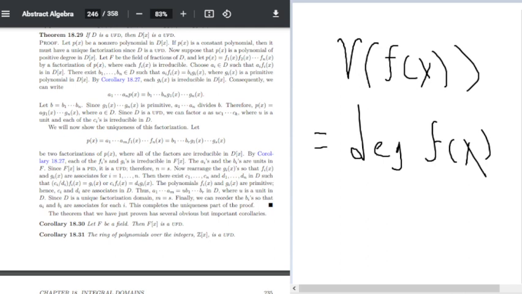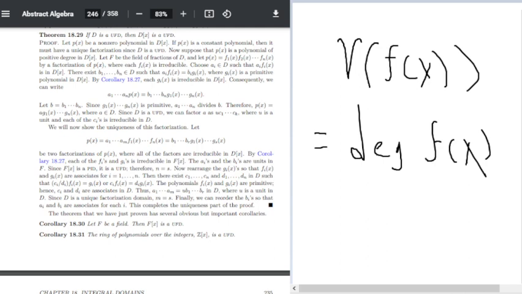Now, rearrange the gi(x)'s so that fi(x) and gi(x) are associates for i equals 1 to n. Then, there exist c1 all the way to cn and d1 all the way to dn in D such that ci over di fi(x) is equal to gi(x), or ci fi(x) is equal to di gi(x). The polynomials fi(x) and gi(x) are primitive.